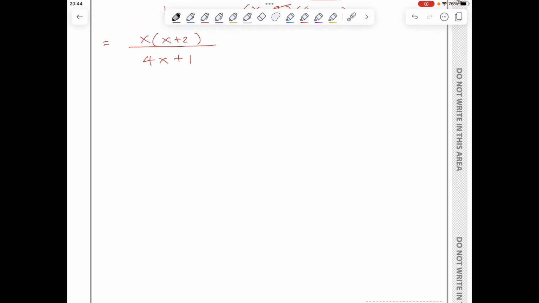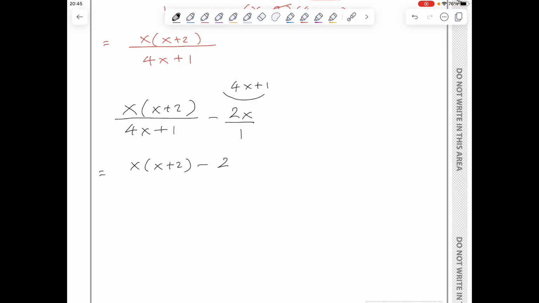So now I can move on and subtract the 2x. I'm rewriting my answer from above, x plus 2 over 4x plus 1, minus 2x over 1. I'll multiply the second fraction by 4x plus 1. So this will give me a single fraction with numerator x plus 2 minus 2x(4x plus 1), all over 4x plus 1.